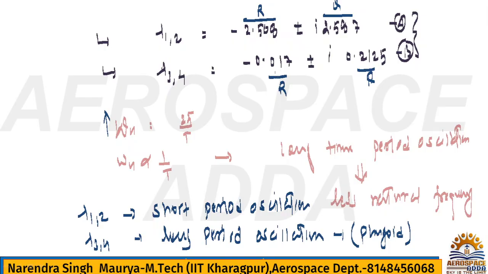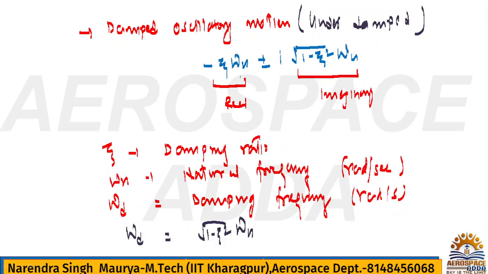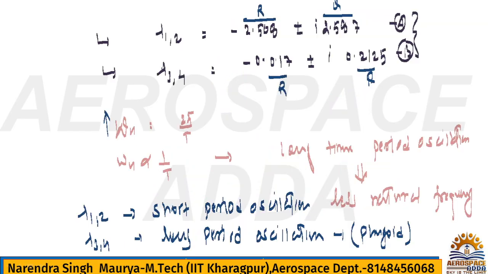The real part is very small, which means damping ratio is very small. If damping ratio is very small, it is not trying to damp out, so it will have a long period oscillation. You can relate with the natural frequency or with damping ratio; in both ways I have explained. But from now onward, you understood lambda 1, 2 roots are for the short period oscillation and lambda 3, 4 roots are for the long period oscillation.